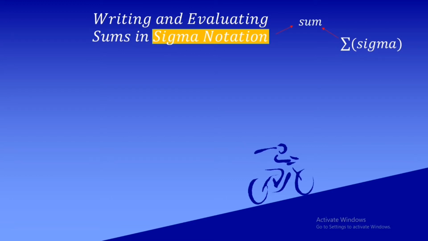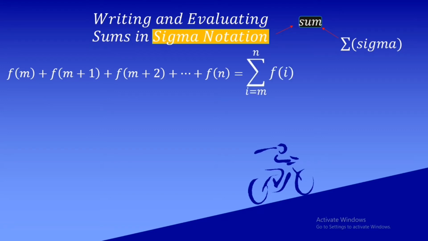The notation consists of several components or parts. This is also called the summation notation. So, given the expression f of m plus f of m plus 1 plus f of m plus 2 up to f of n, it can be compressed or written in Sigma notation.